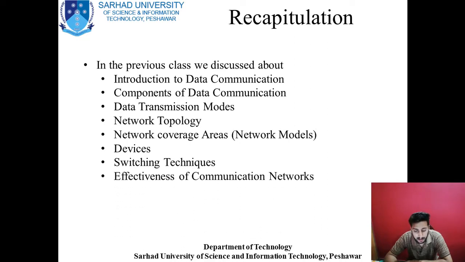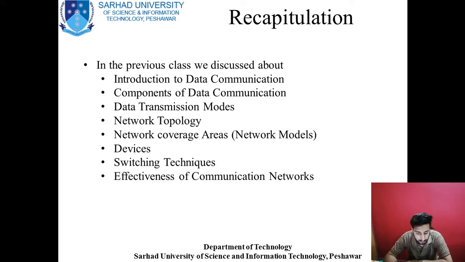After that, we discussed different switching techniques. We learned about circuit switching and packet switching, along with its two further types, datagram and virtual circuit switching, and we discussed their pros and cons as well. We know that in circuit switching there is a fixed path between transmitter and receiver, while in packet switching there is no fixed path and each packet decides which path it has to follow.